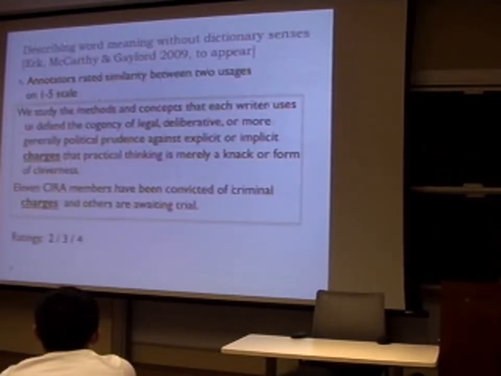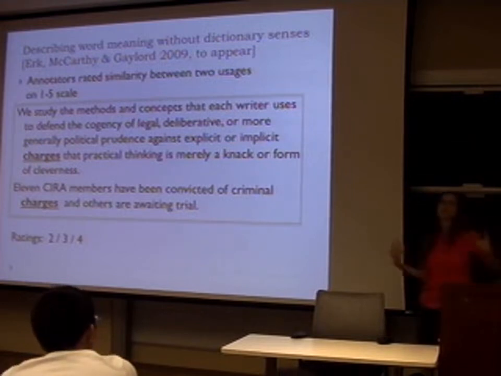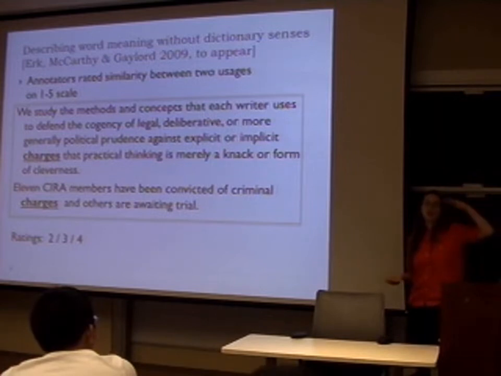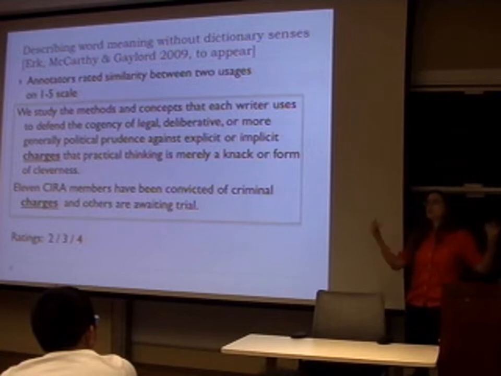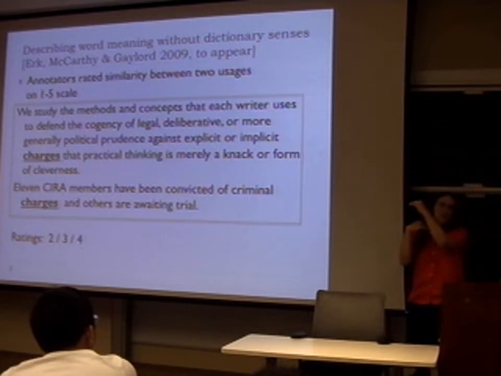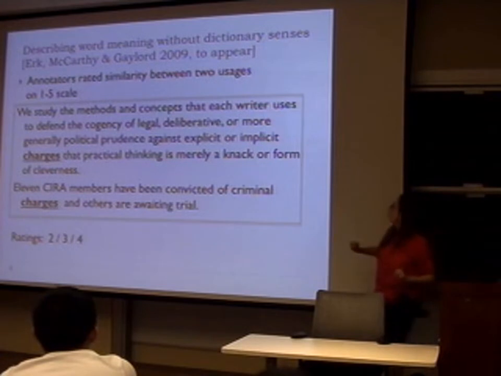We also did a second annotation experiment. So in this first annotation experiment, we did use WordNet senses, and our annotators gave graded ratings for the WordNet senses. In the second experiment, we did away completely with the WordNet senses and just gave people 2 sentences at a time that have one word in common. And we asked them, to what extent are these 2 usages similar?